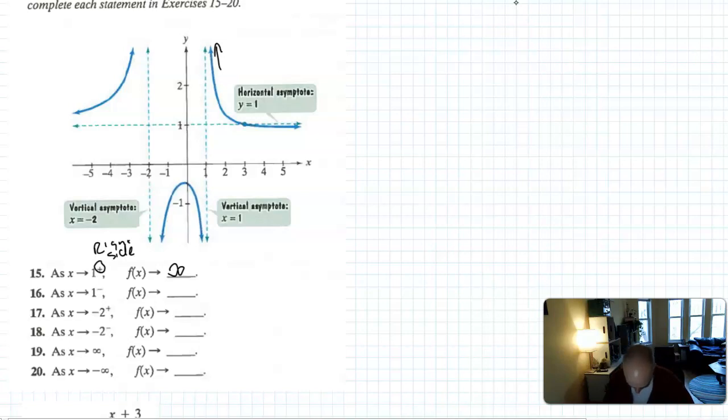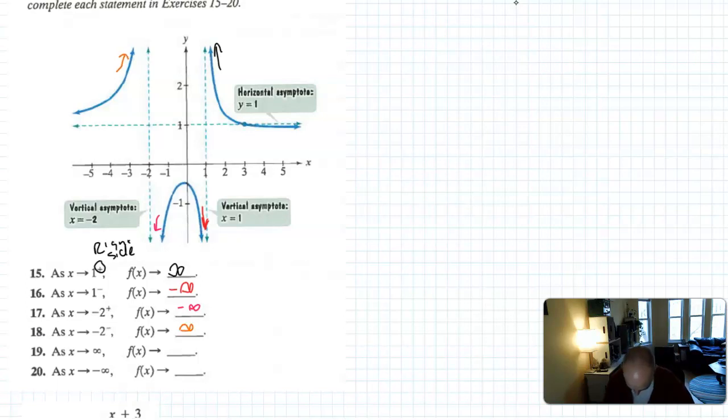As you approach 1 from the negative direction, that's approaching 1 from the left. This is going to be negative infinity. As x approaches negative 2 from the positive side, this is also approaching negative infinity. As x approaches negative 2 from the negative side, that's this side, that's going to be infinity.